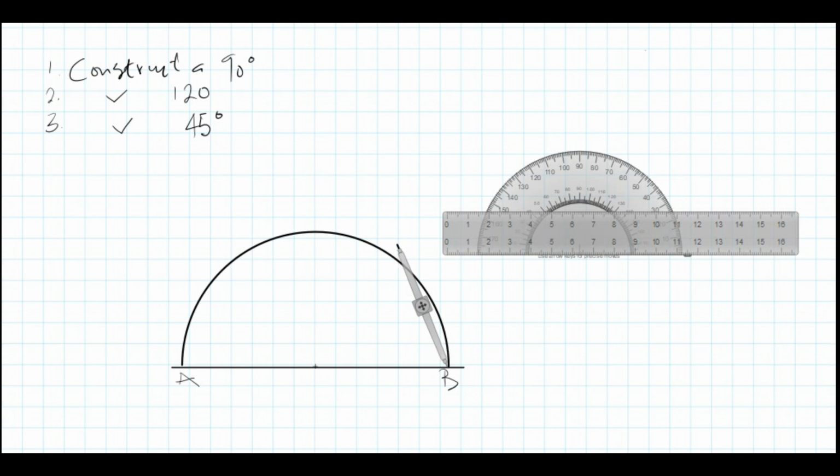We open our compass to more than half of the diameter of the semicircle.